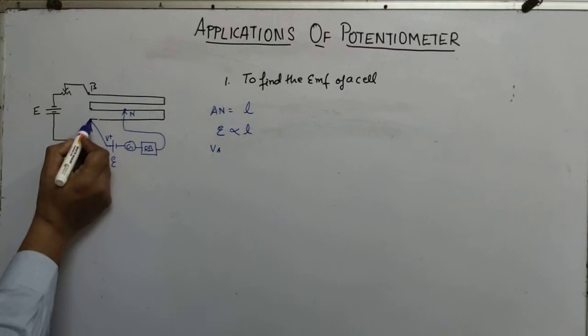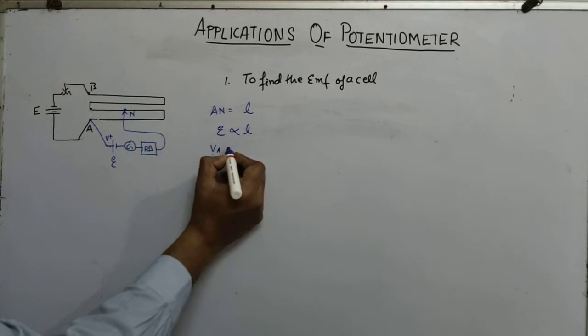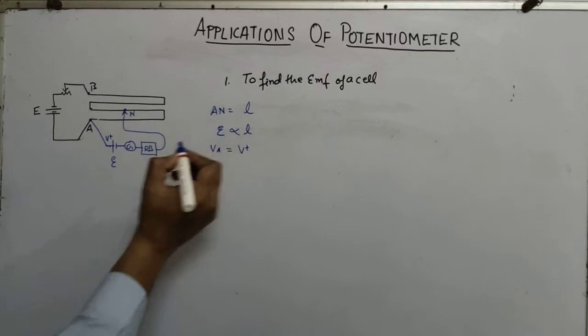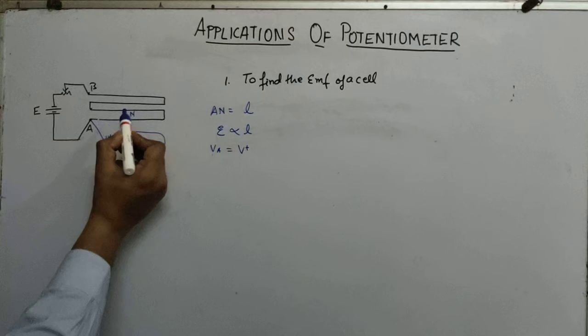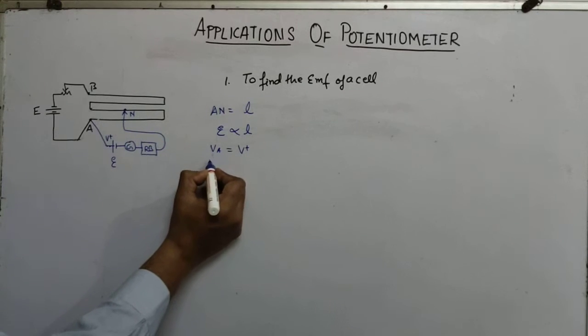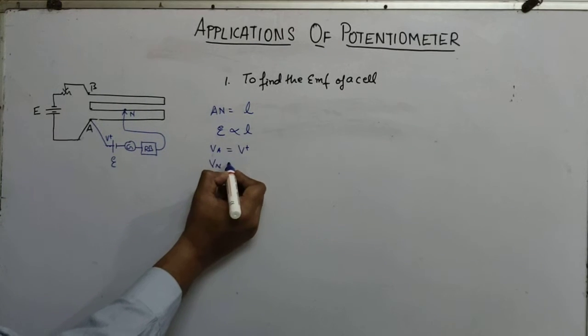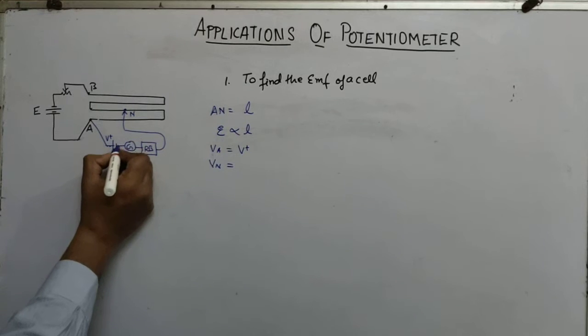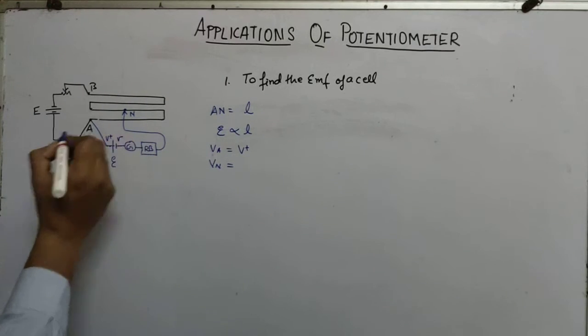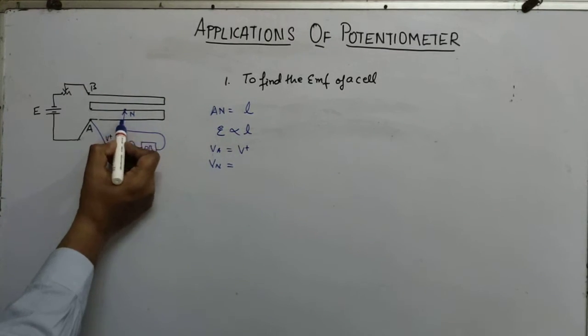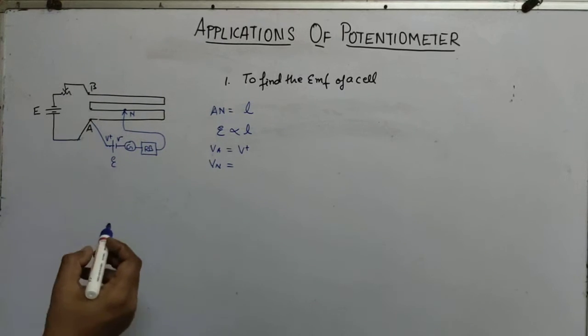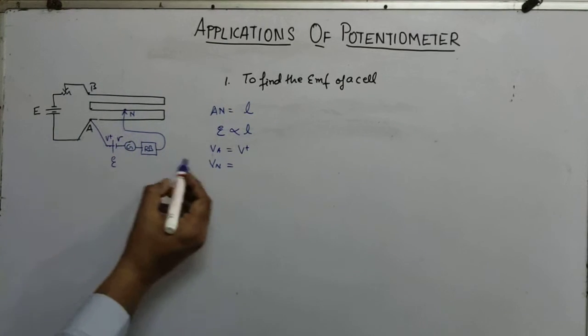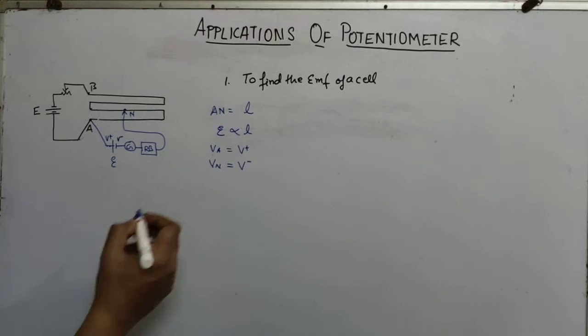Since no current is flowing between A and this terminal, VA equals V plus. Similarly, say the potential of point N is Vn, and the potential of the negative terminal is V negative. Since no current is flowing in this circuit also, from N to the negative terminal, Vn equals V negative.